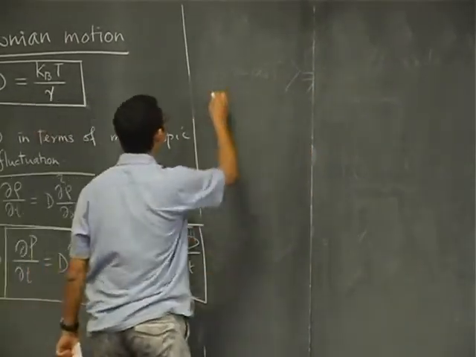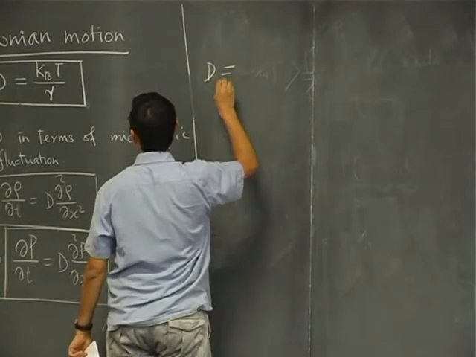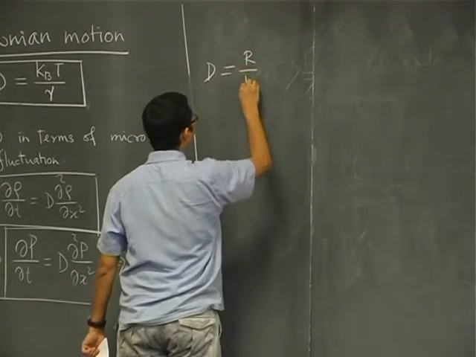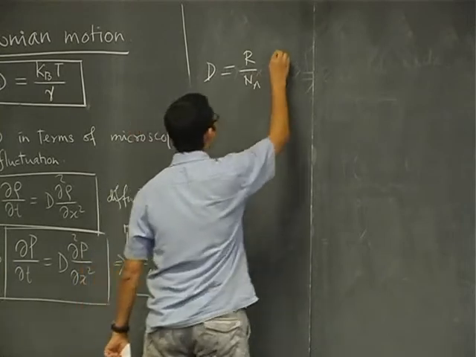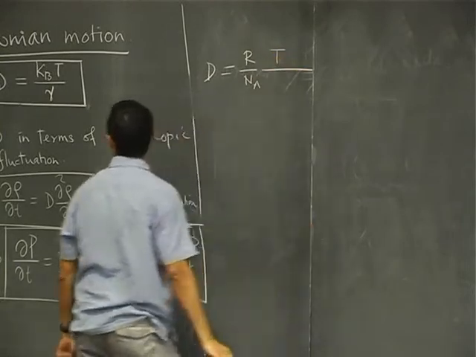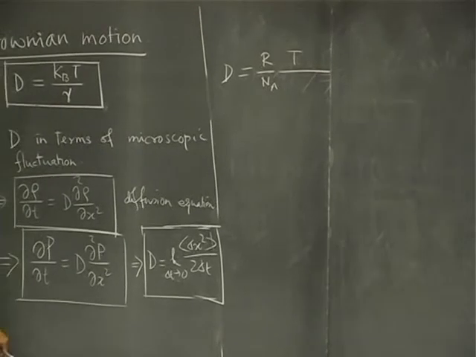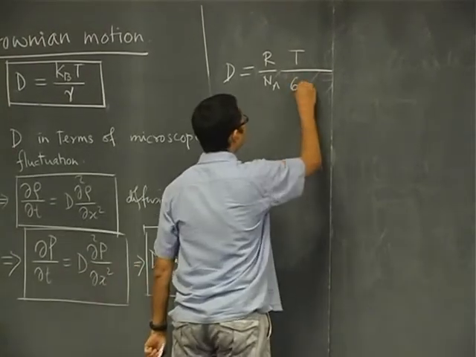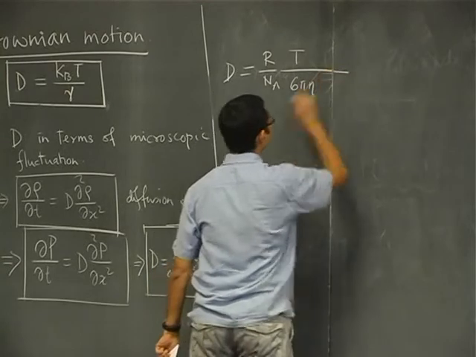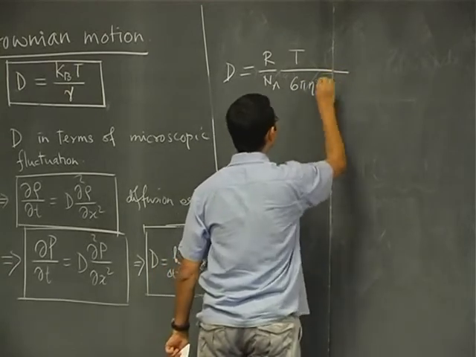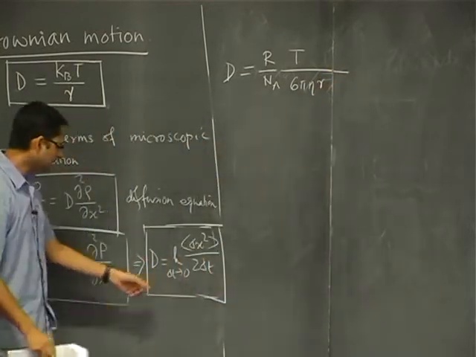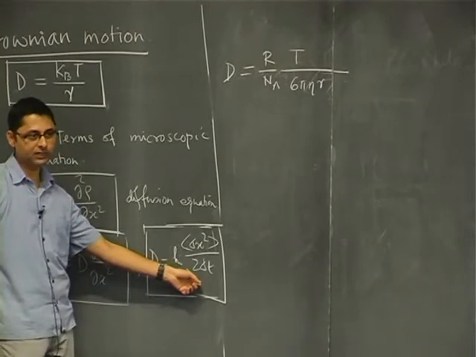So D is equal to R by Na times T, and if I have a spherical ball, what is gamma? It is 6 pi eta R.